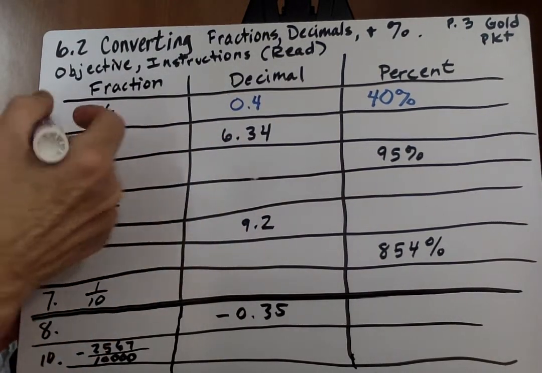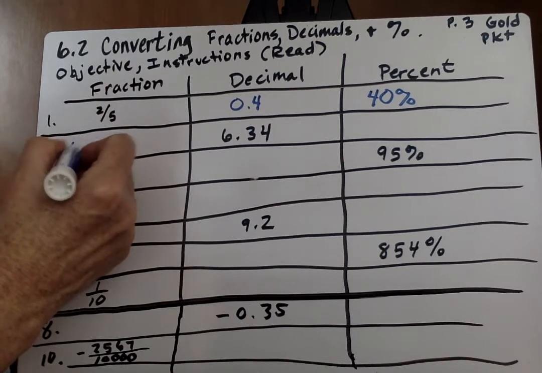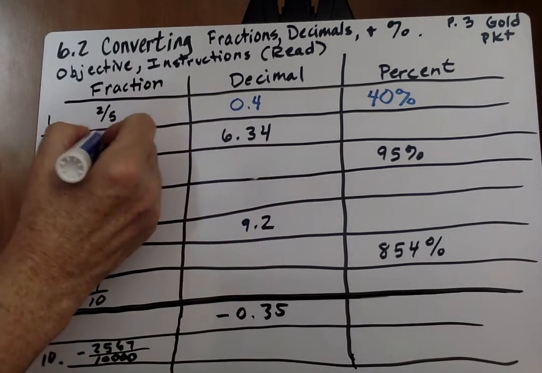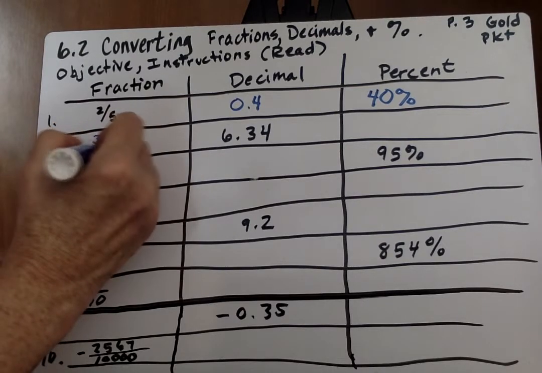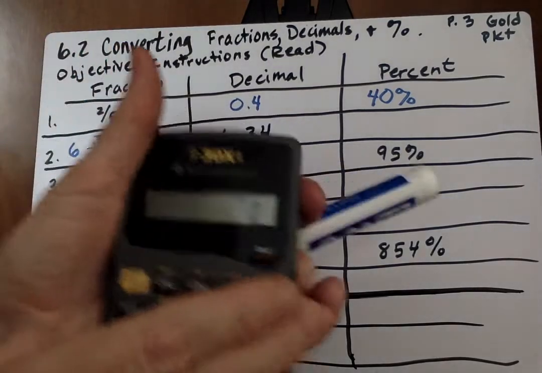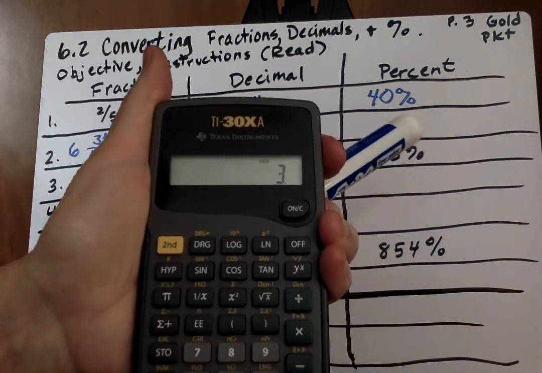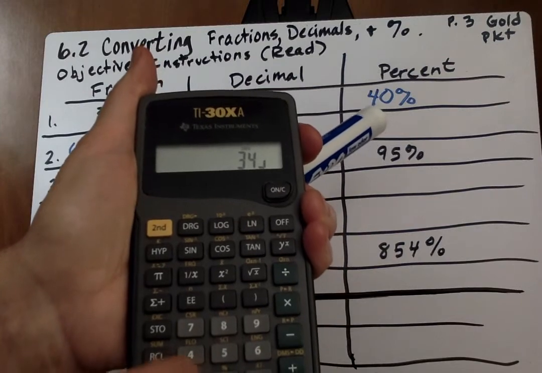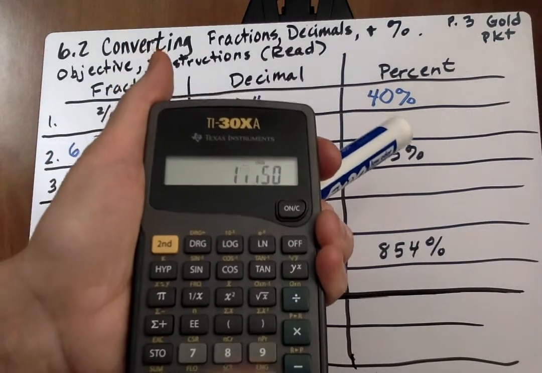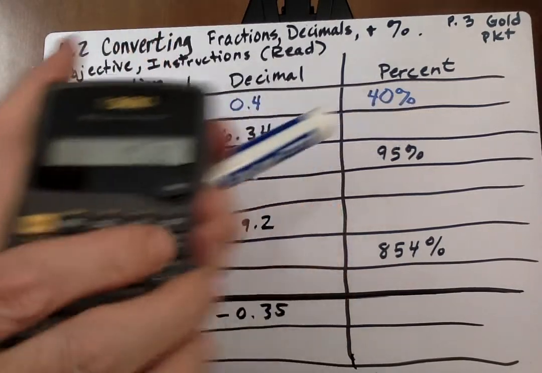Okay, the next one, we're given the decimal. We need to write the fraction, so we put 6, and then that's going to be 34 over 100. Now, we need to simplify that, and I'm going to have your calculator do that work. 34 ABC 100 equals 17 over 50.